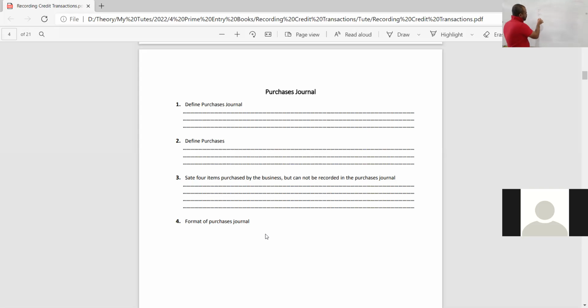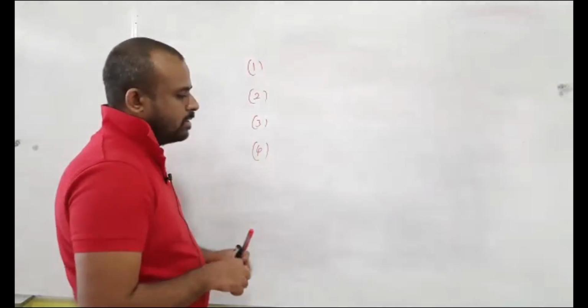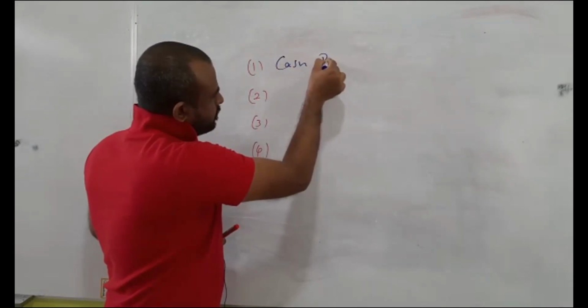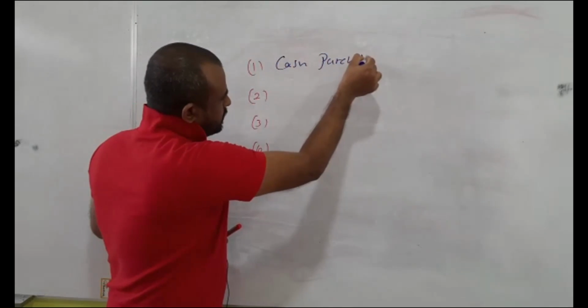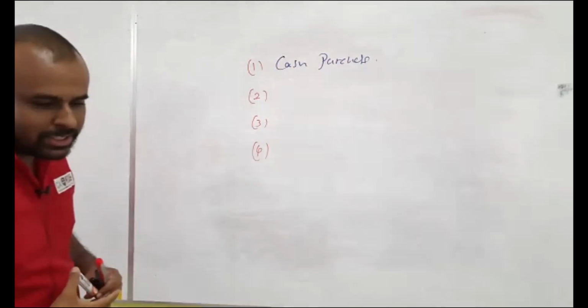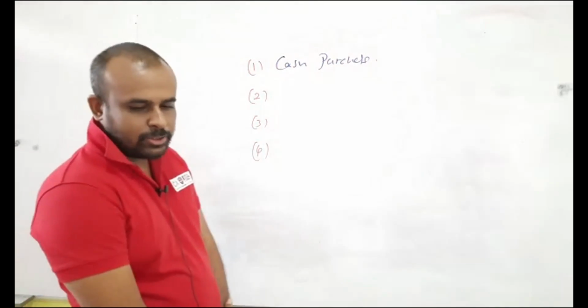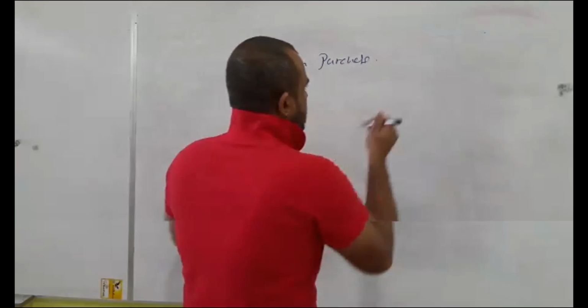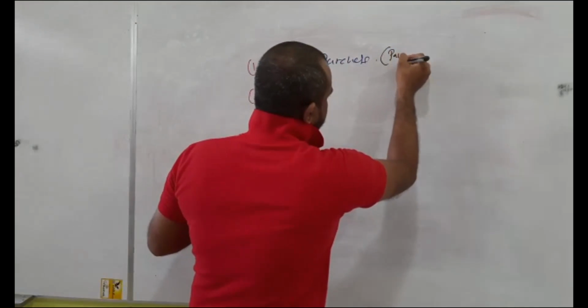They're asking for 2. What are they? First thing is cash purchases. Can you record the cash purchases? You can't record cash purchases, because they will be recorded in the payment journal.